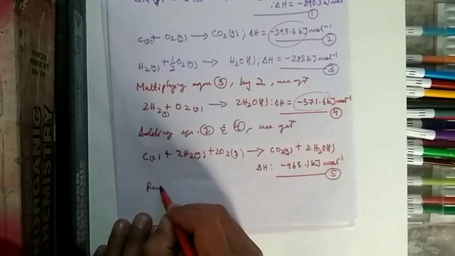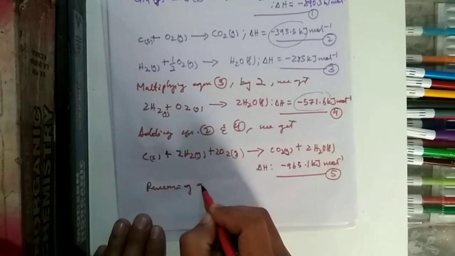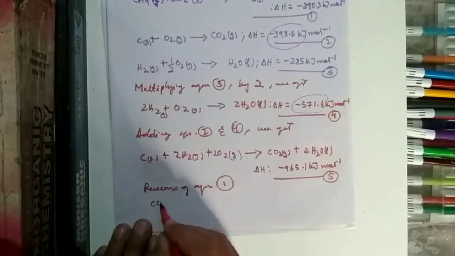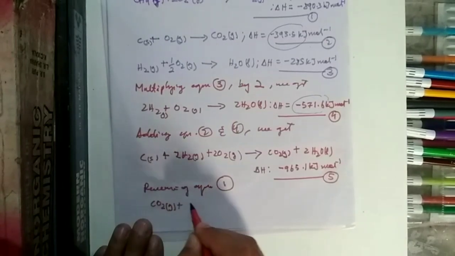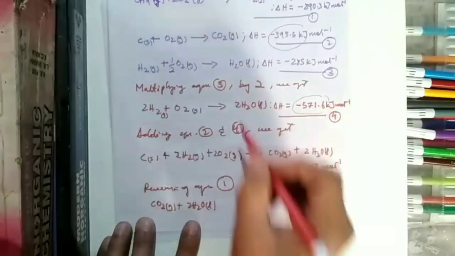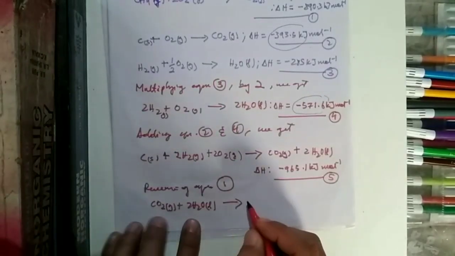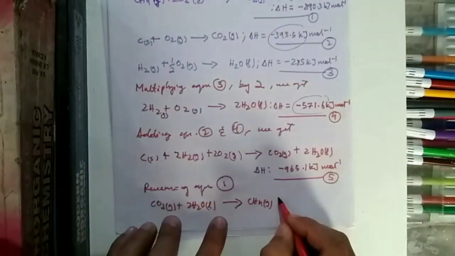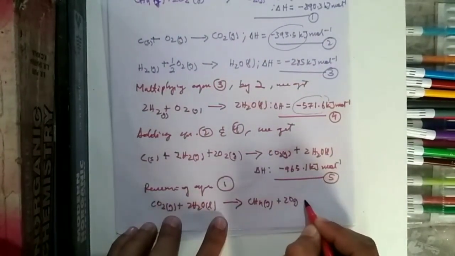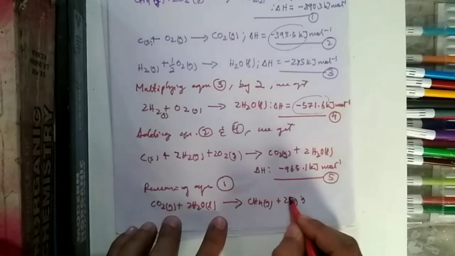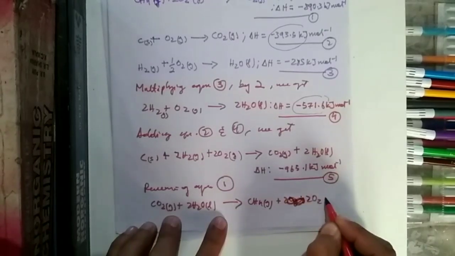Now reversing equation 1, what we will get is CO2 gas plus 2H2O liquid, and then CH4 gas plus 2O2 gas.